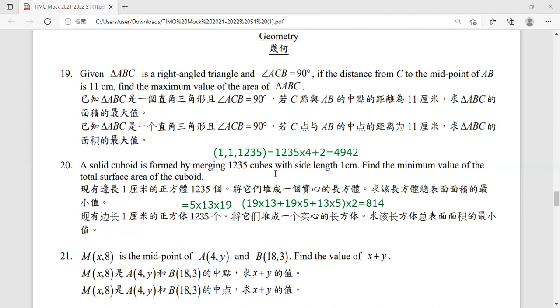The 5 times 4 is the 4 sides. Just consider the cuboid here. Okay, this one will be a long cuboid, and this one will be something like this one.